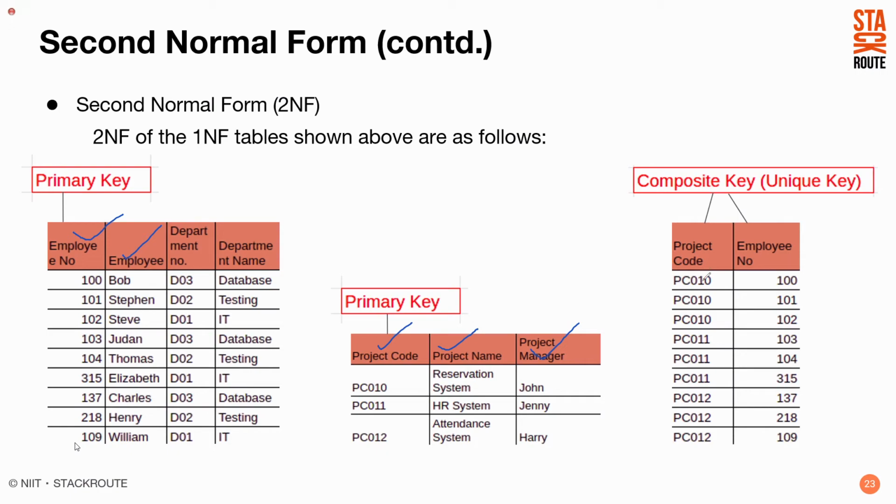So in a table, these three employees, whichever table is having partial dependency, in such a situation you will be dividing and placing in a different table, which is second normal form.